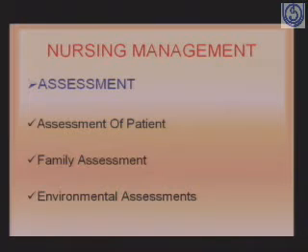Then there will be family assessment. Family assessment is also very important because you should know how it all started. It starts from the infancy stage. Going to the psychodynamics, you know that the relationship with the mother was very important.